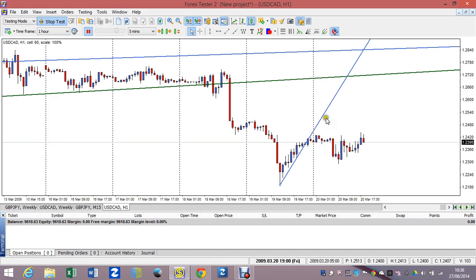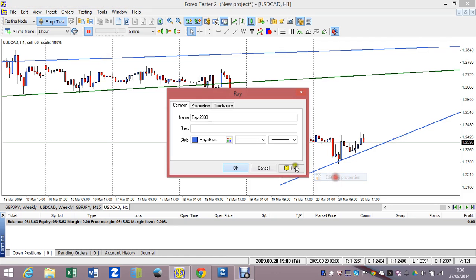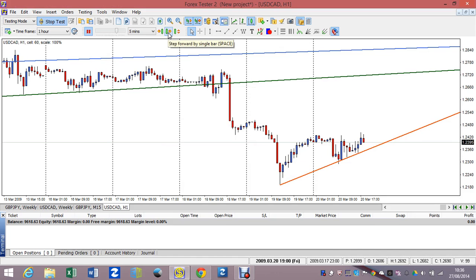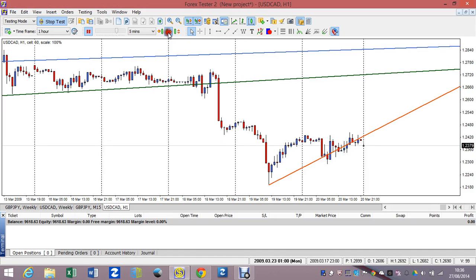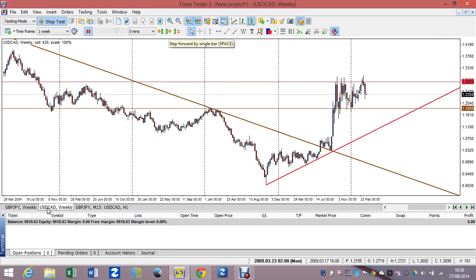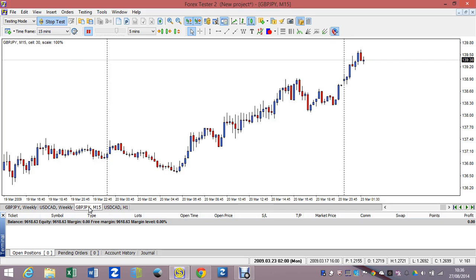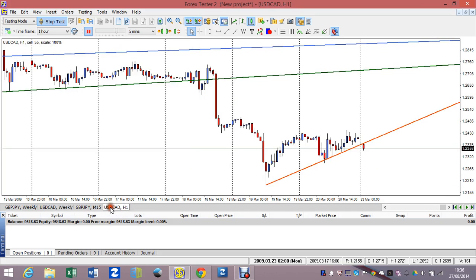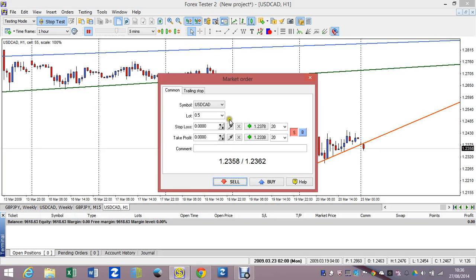Let's get rid of this line here. What happened there? Try again.